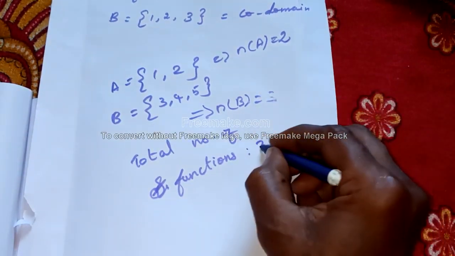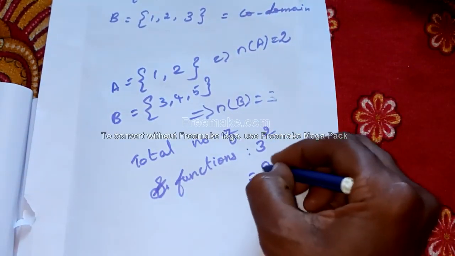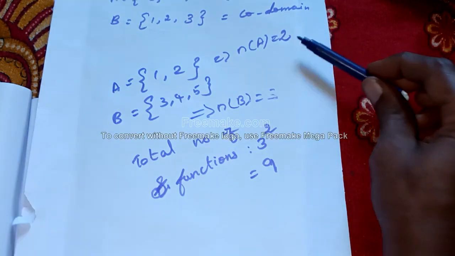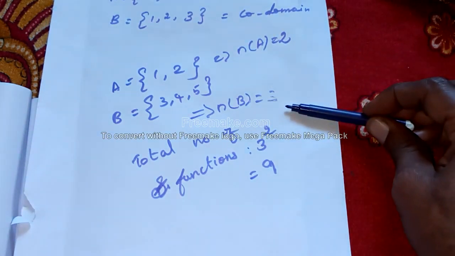Okay. If n of A is equal to 2 and n of B is equal to 3, the total number of functions that exist between A and B is 3 power 2, not 2 power 3.